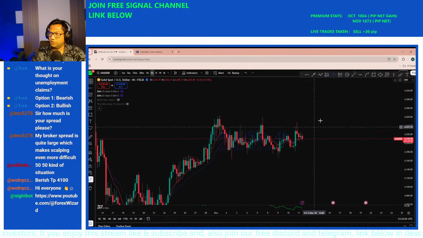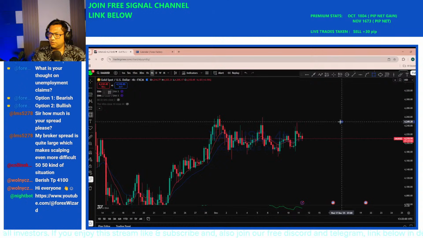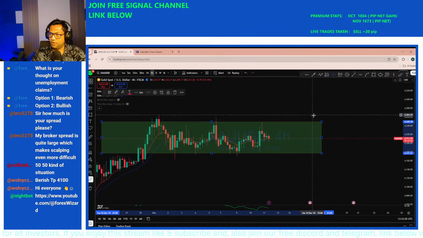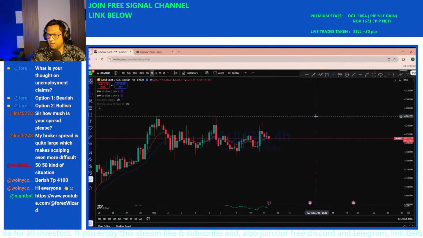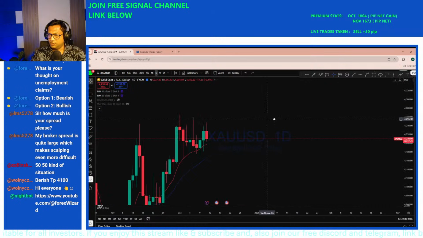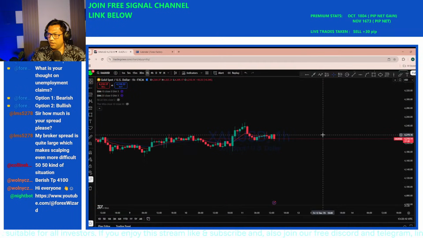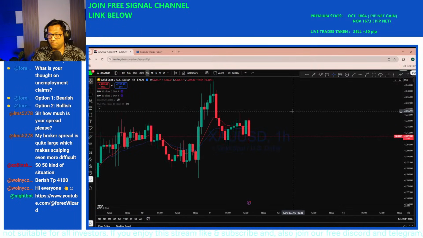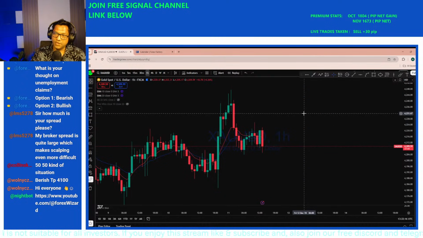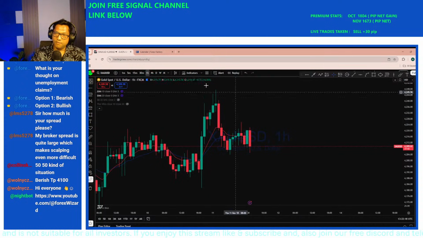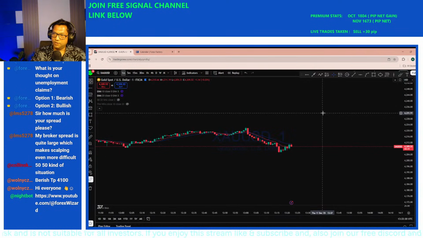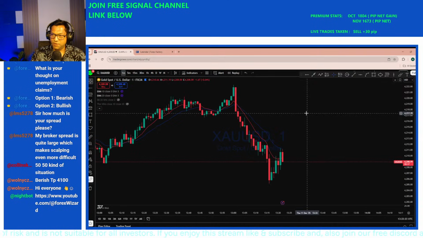So if you look at this one, it is an entirely sideways market, and that sideways market is what makes it so that, if you look at this kind of sideways market, you see that it barely trends.